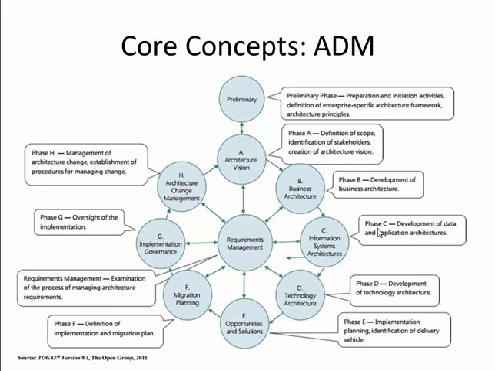Phase C is information systems architecture. It can be broken down into two parts. I'll come to that later when I show you the architecture partitions. But essentially what it has is data and application architecture. This phase shows how the IT systems meet the business goals of the enterprise. So notice the word IT.